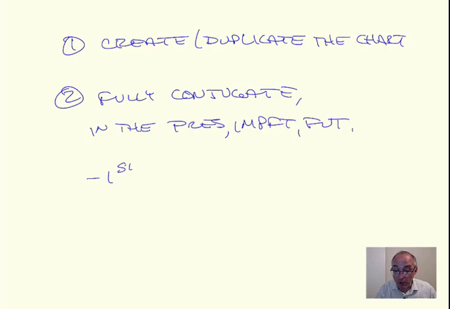A verb of the first conjugation, a verb of the second conjugation, and a verb of the third conjugation.